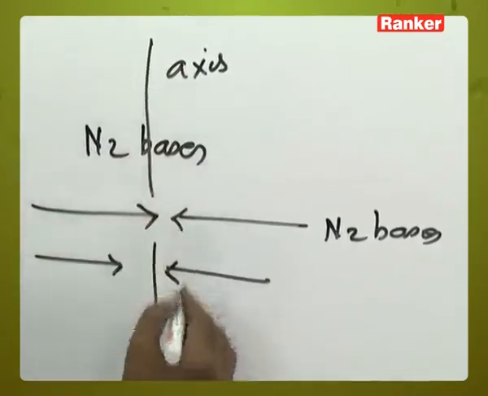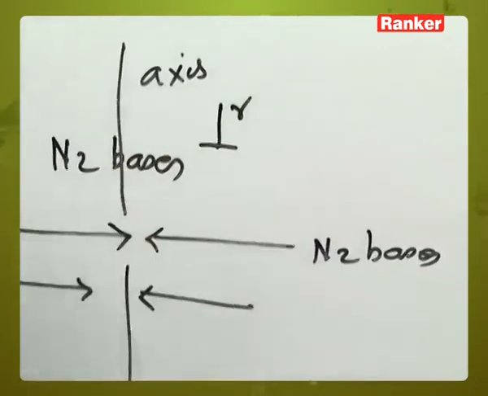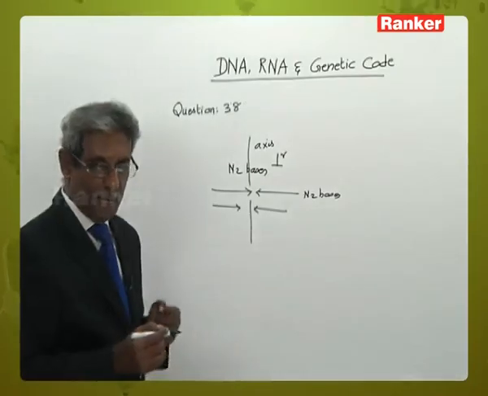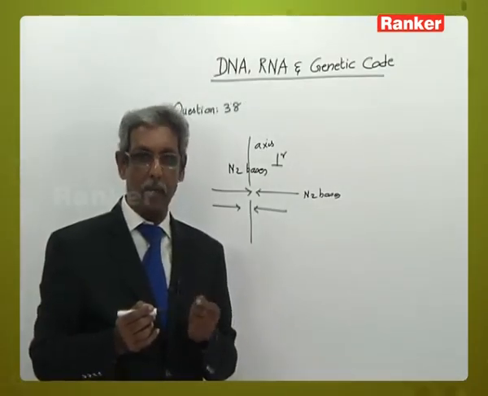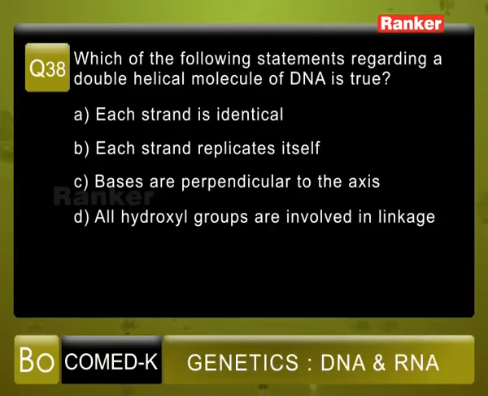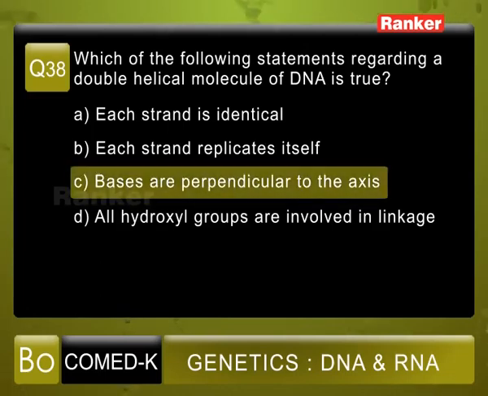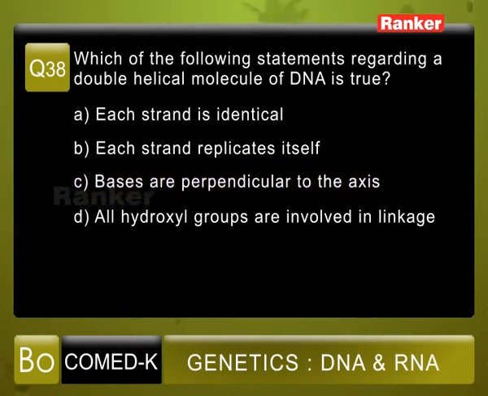So definitely nitrogen bases are perpendicular to the axis. And D, all hydroxyl groups are involved in linkage. This is an untrue statement. Hence, the correct true statement here is answer C, bases are perpendicular to the helical axis.